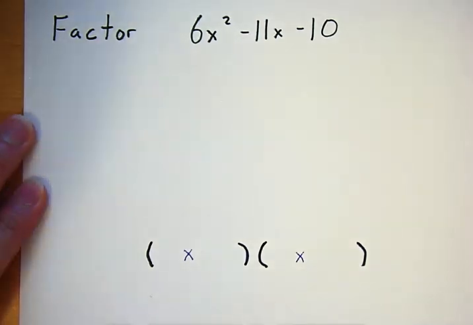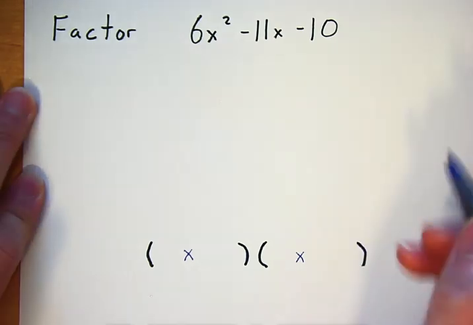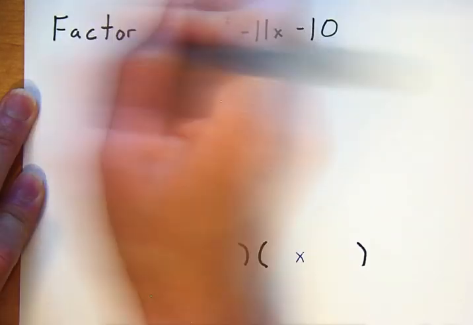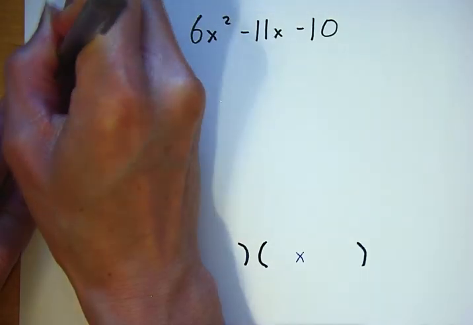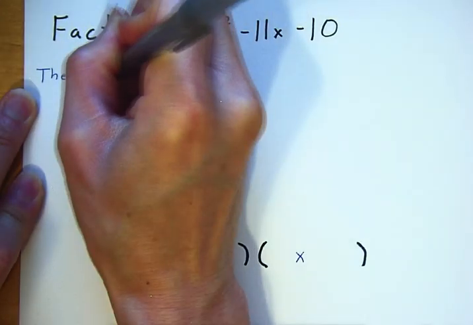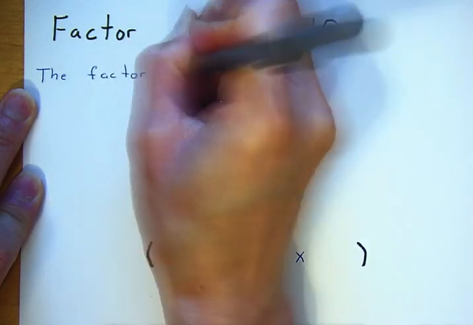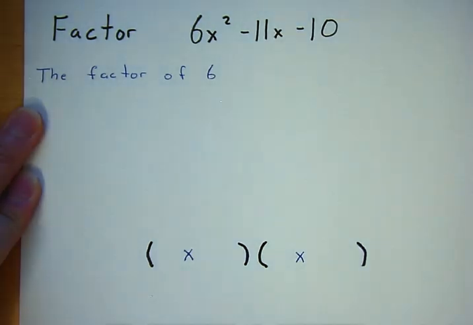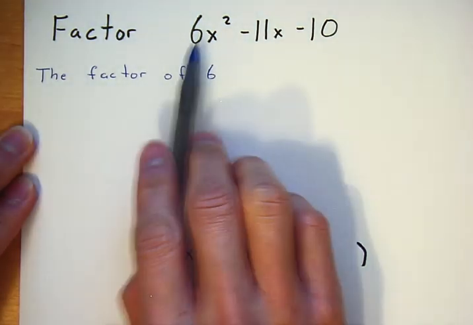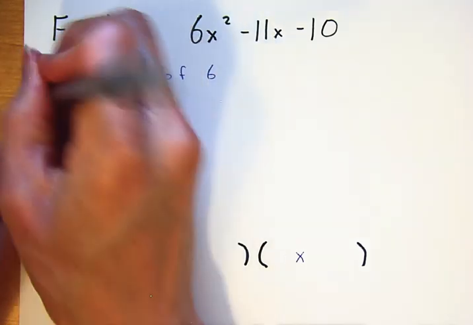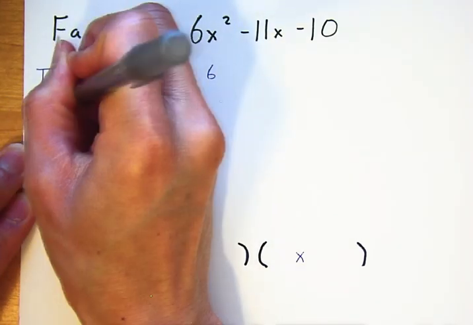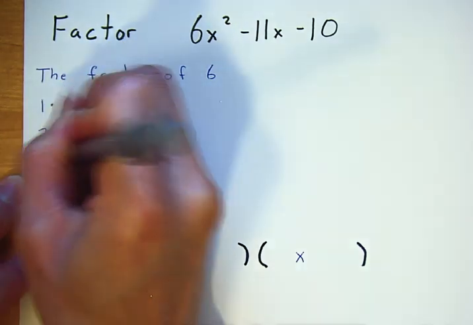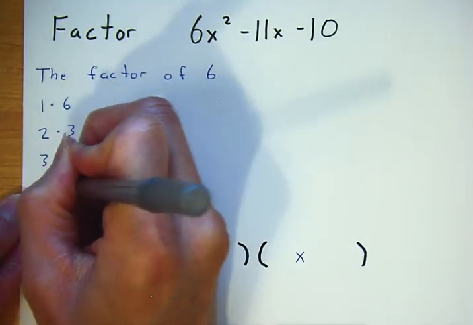How do you do this? My first step, I'm going to find the factors of my leading coefficient. Let's find the factors of 6, or what multiplied times what will give me this 6. Well, you have 1 times 6, 2 times 3, 3 times 2, 6 times 1.